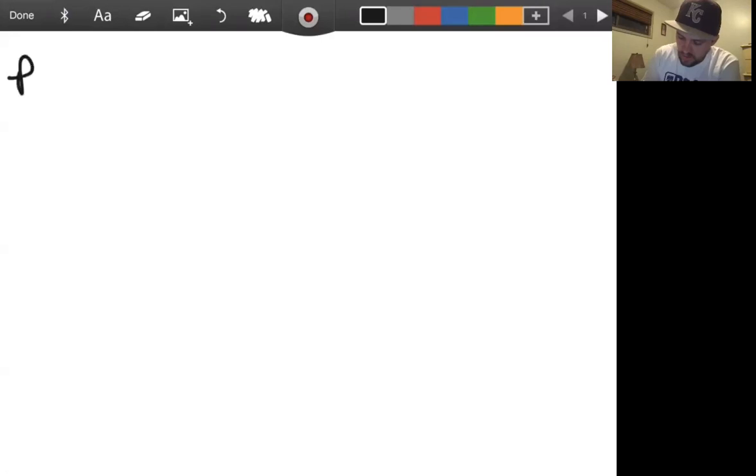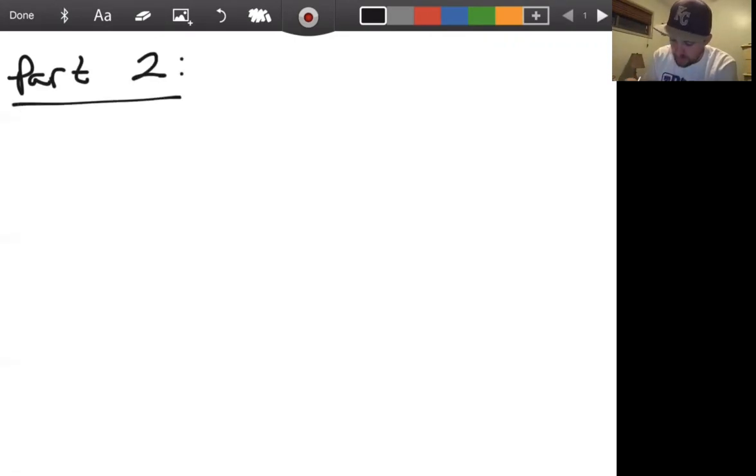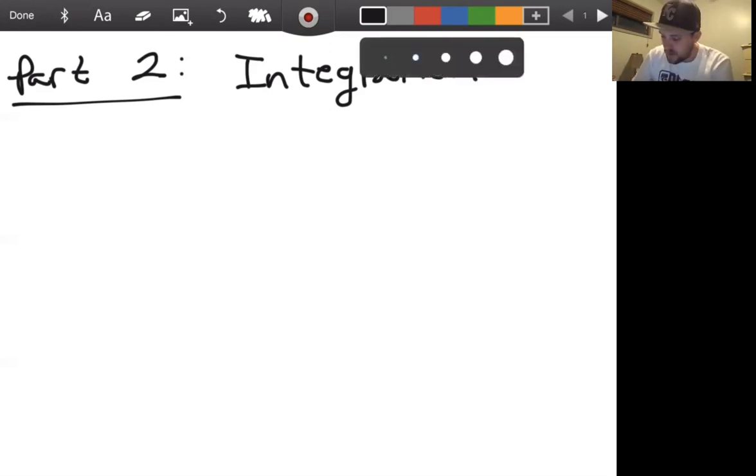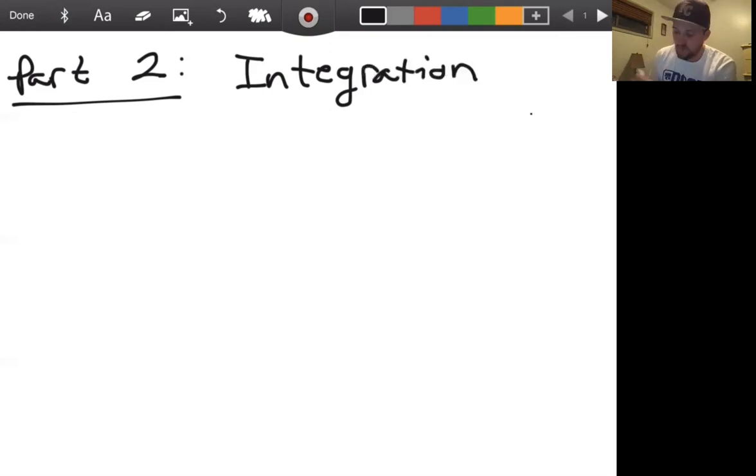So let's look at part 2 here. And this will be integration. Okay, and when we're looking at integration, there are 3 formulas I want to derive here.